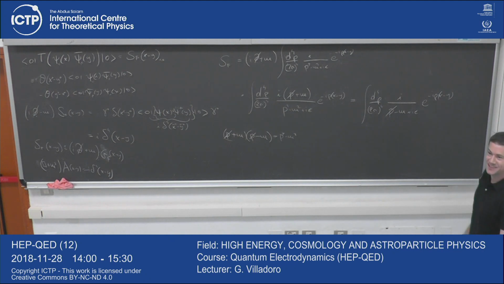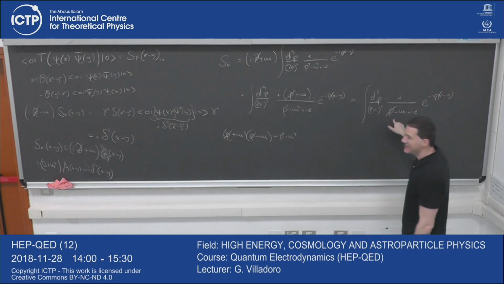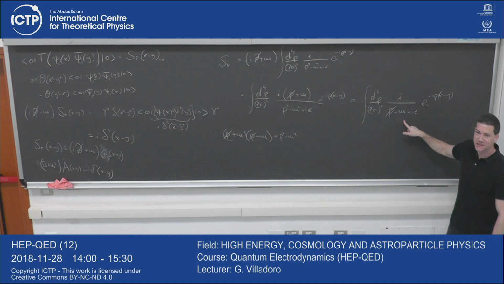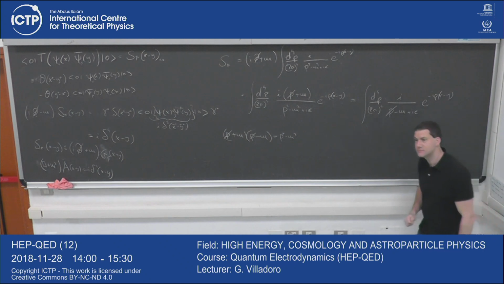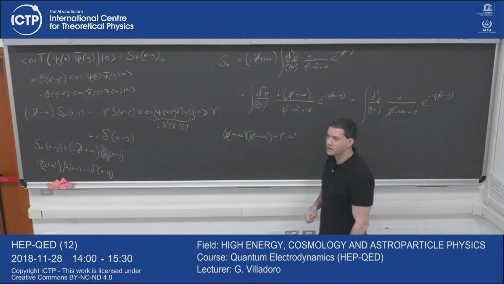So this is a matrix. Sorry? This is a matrix? Yes, this is a matrix, so be careful. This is the inverse matrix of p slash minus m. And an inverse matrix always exists, like all divisions.